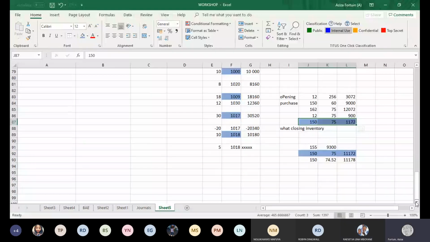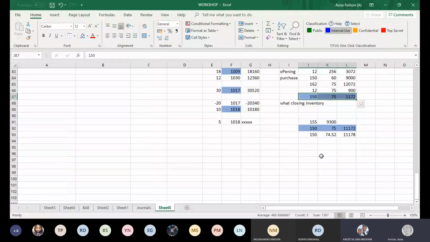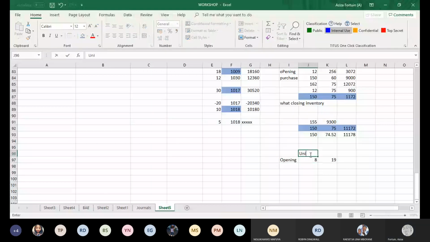Should I do another one quickly? Yes, please. Okay, if I have 8 units at 19 Rand, let's just call this opening units. That is 8 units. That's the cost. Okay, I purchased 72 units at 15 Rand. I sold 8 at 12 Rand.